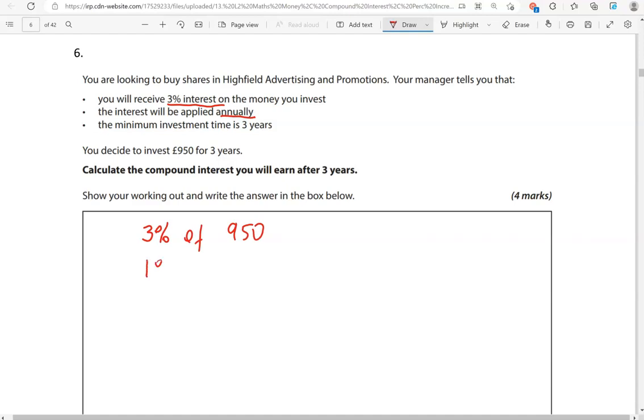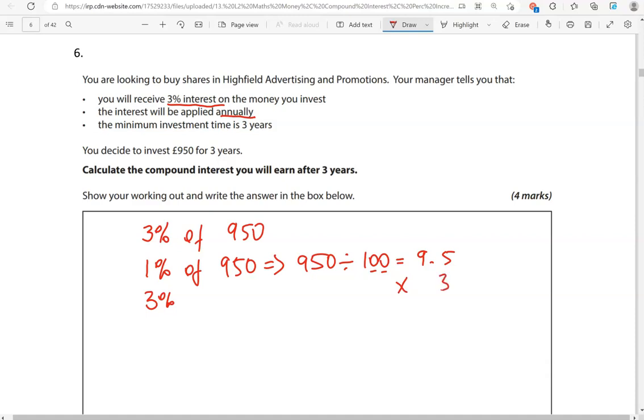So we'll use the 1% method. 950 divided by 100 will give us 9.5. So you move the decimal point 2 places to the left to make this number smaller. 3% will be 3 times that.